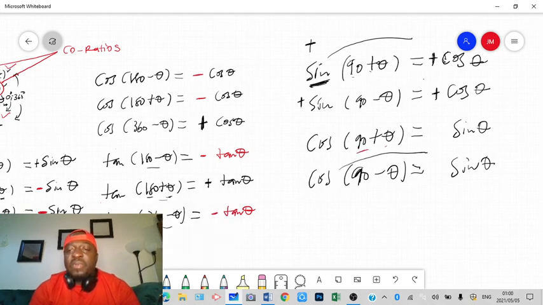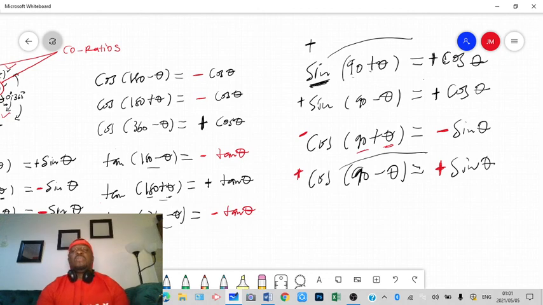Remember 90 plus theta, cos in the second quadrant is what? Negative. The co-ratio is sin, but then the outcome is going to be minus sin theta. And then your cos 90 minus theta is obviously in the first quadrant. So the co-ratio is sin, but then the sign is what?